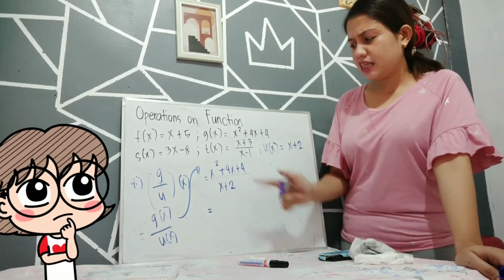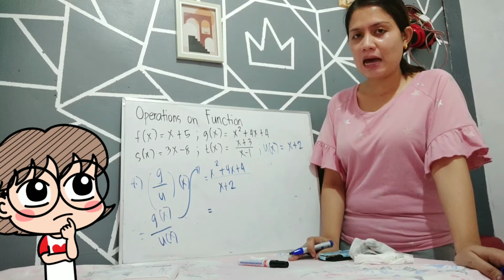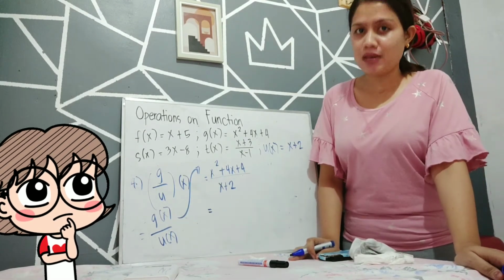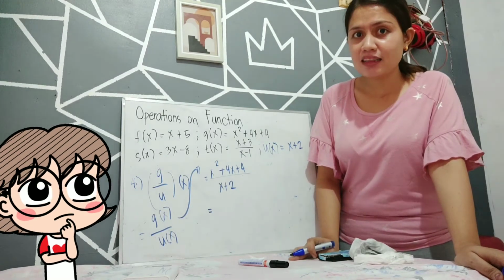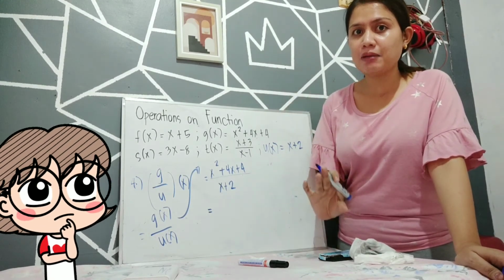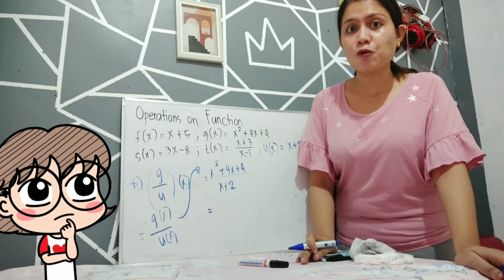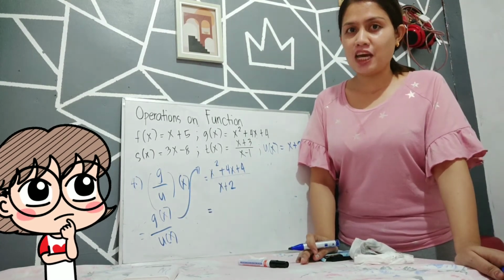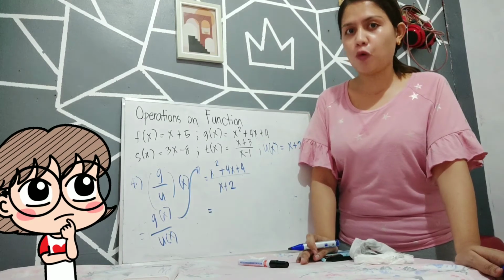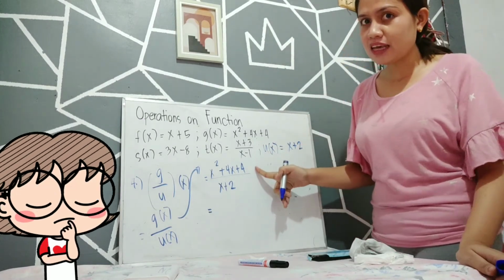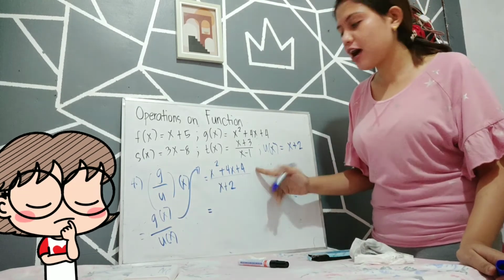How do we divide it by our denominator? Always remember, class, that you can only eliminate or divide the terms in the numerator and denominator if the terms are already separated in multiplication form or in a product form. So, for us to rewrite this, we need to get its factor.